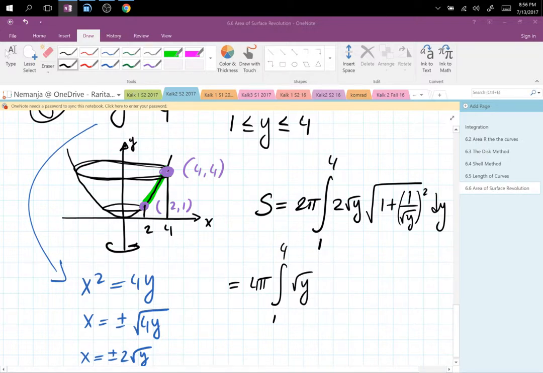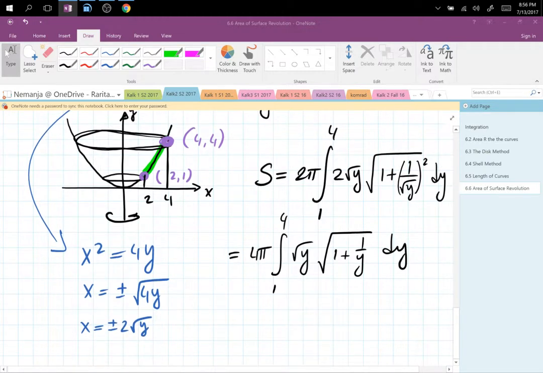Root y stays there, and I just want to work this, and that's 1 plus 1 over y, and then dy. Now, the rule in algebra says square root of a times square root of b is square root of ab. I don't care whether you have just numbers or variables or entire functions.